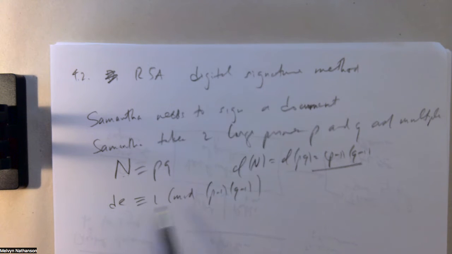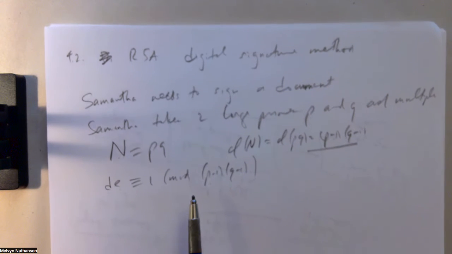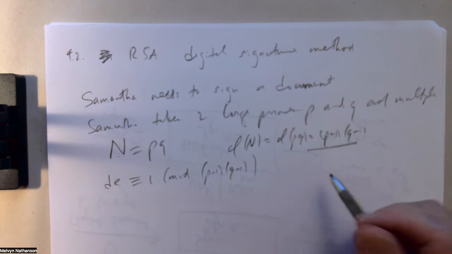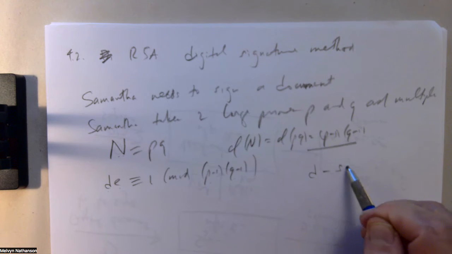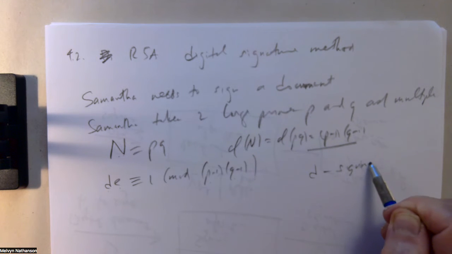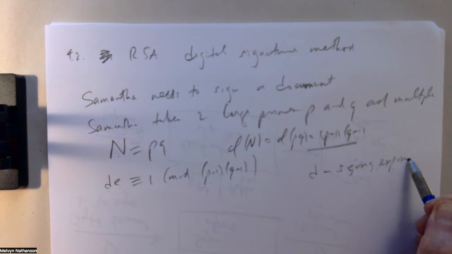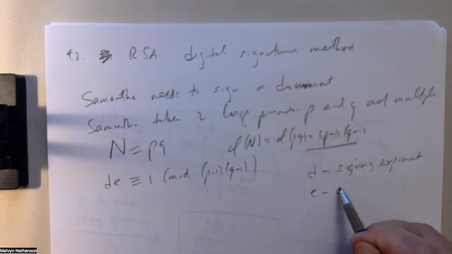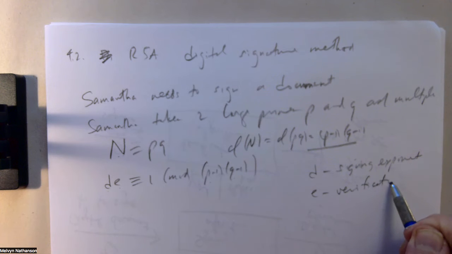That is, if we take a number D, which is relatively prime to (P minus 1)(Q minus 1), we will, just by the reverse Euclidean algorithm, if you've seen many times, that's just one way, you can find the number E such that D times E is congruent to 1 modulo (P minus 1)(Q minus 1). And in this setup, D is what we're going to call the signing exponent, and E is going to be the verification exponent.